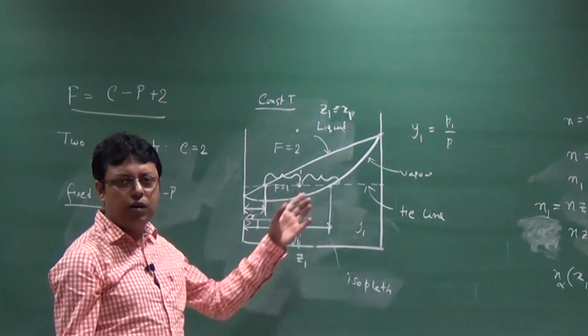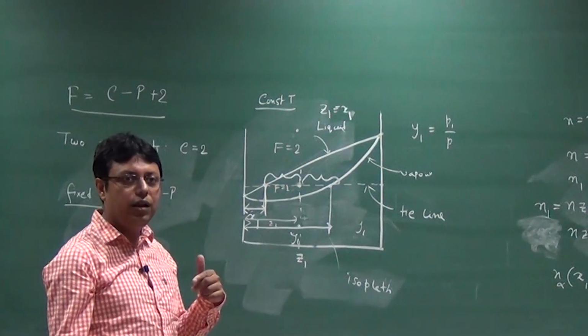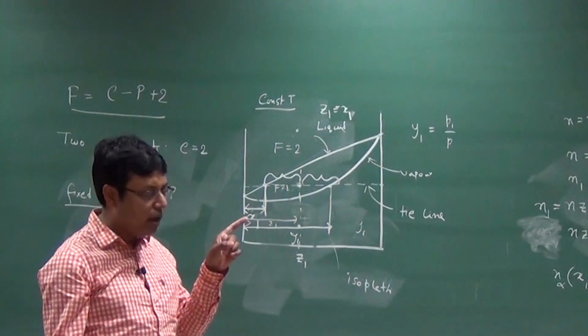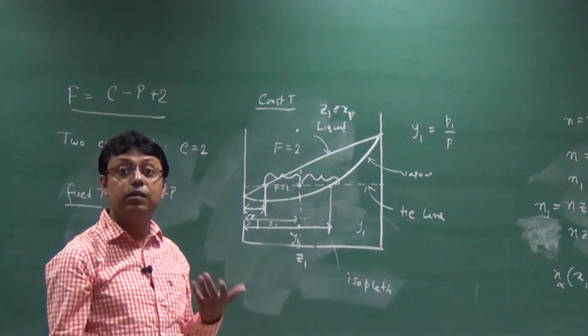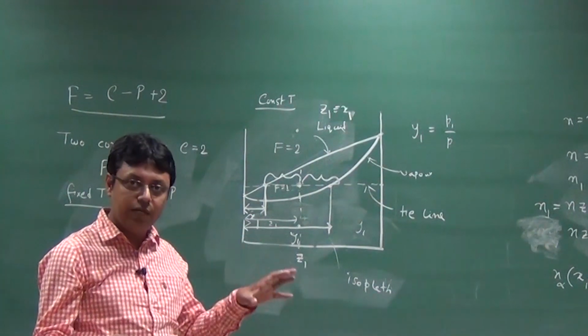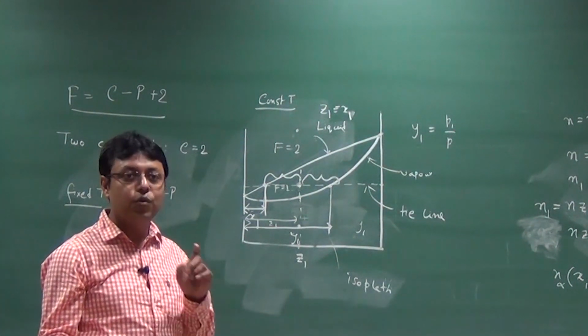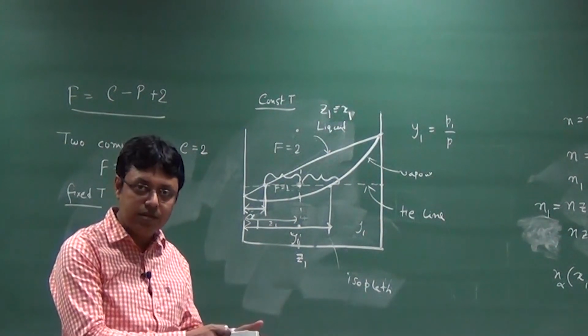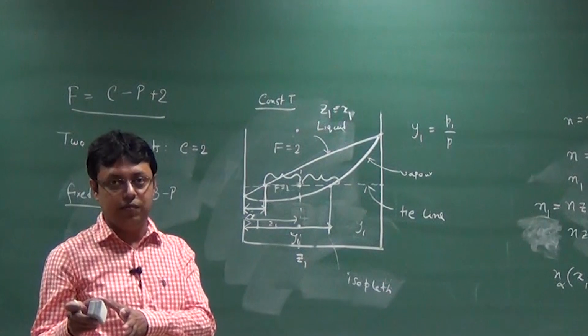So what I got ultimately is a relation of N alpha and N beta. What are N alpha and N beta? The total moles in the alpha phase and the beta phase. What is total mole? What is water plus phenol in the alpha phase? What is water plus phenol in the beta phase?